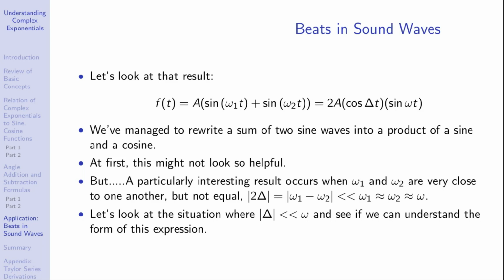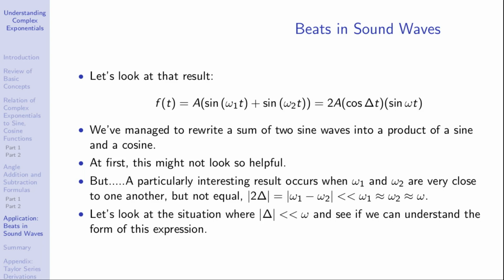At first, this might not look so helpful, but a particularly interesting result occurs when omega 1 and omega 2 are very close to one another, but not equal. So when the absolute value of 2 delta, which equals the absolute value of omega 1 minus omega 2, is much less than omega 1, and when omega 1 and omega 2 and omega are all very, very similar to each other.